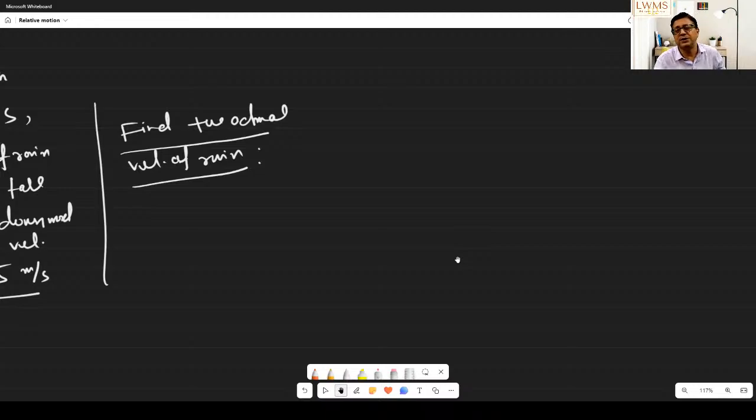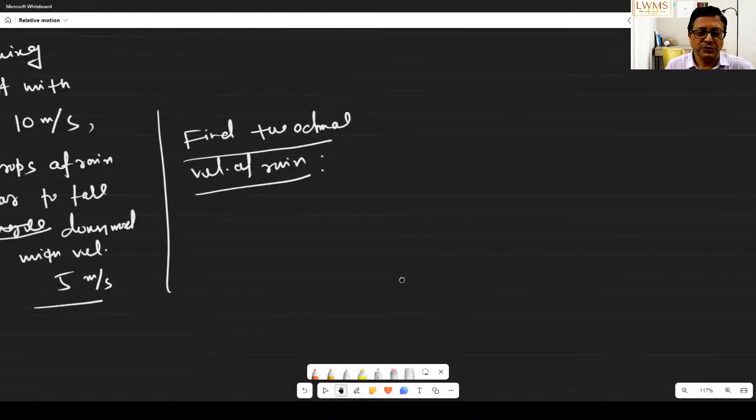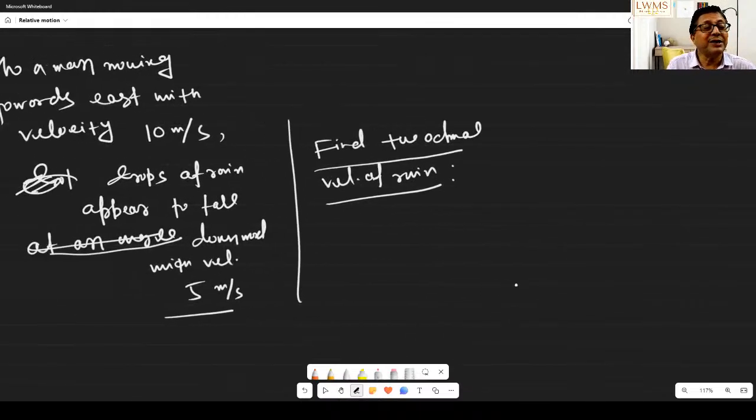Find the actual velocity of rain. So you have to write what is given, and let us solve this one by the IJ method first. Okay, IJ method. What is given here?